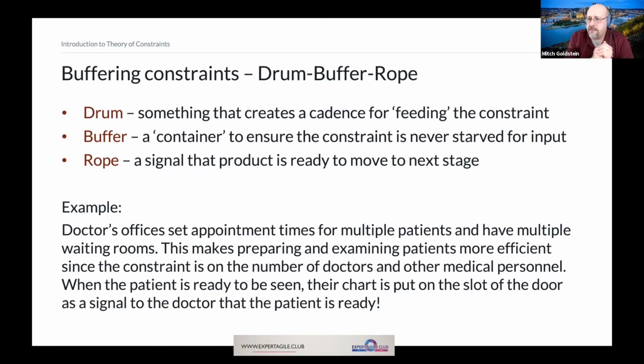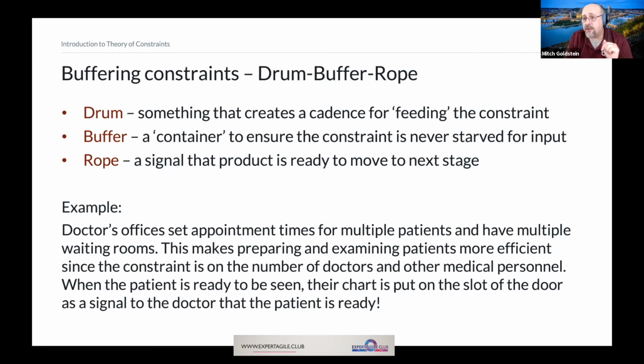Now, remember when I said we don't want to throw money at something prematurely, and I said I would explain it later? Well, this is a classic case. Doctors have a very high salary. So before you decide to hire another doctor, you better study your workflow and decide if another doctor will improve your throughput.